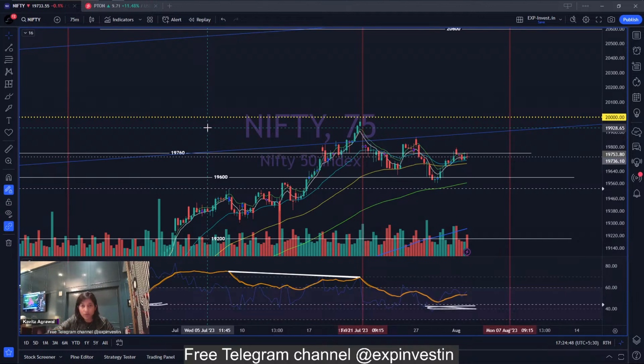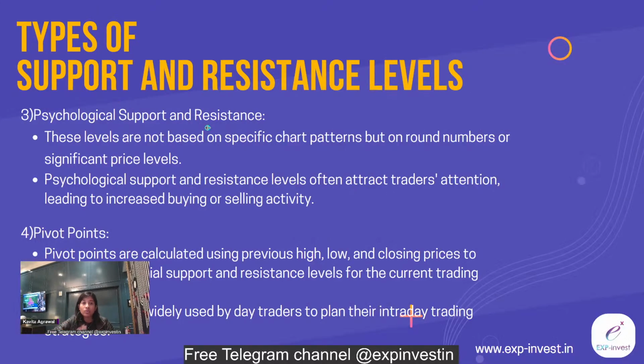Why? Because of the level of 20,000, which is a very good psychological level, or round price level. So usually multiples of 5 rupees or 10 rupees are good psychological levels, and 100, 500, they are good psychological levels. For stocks with very low prices, like single digit, round numbers are good psychological levels.